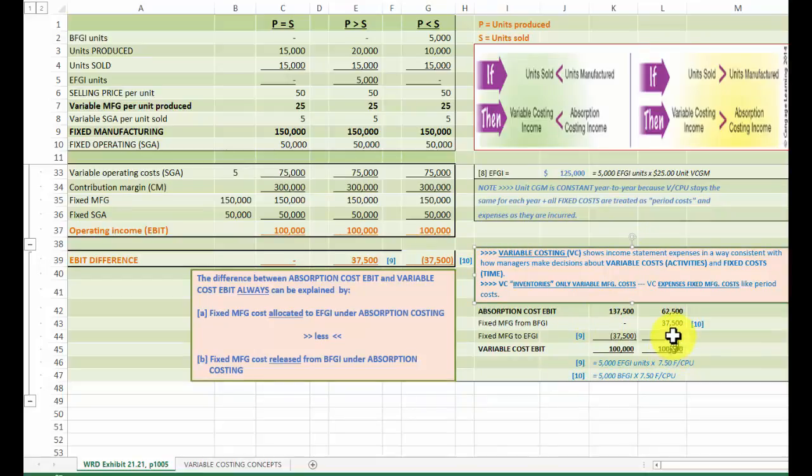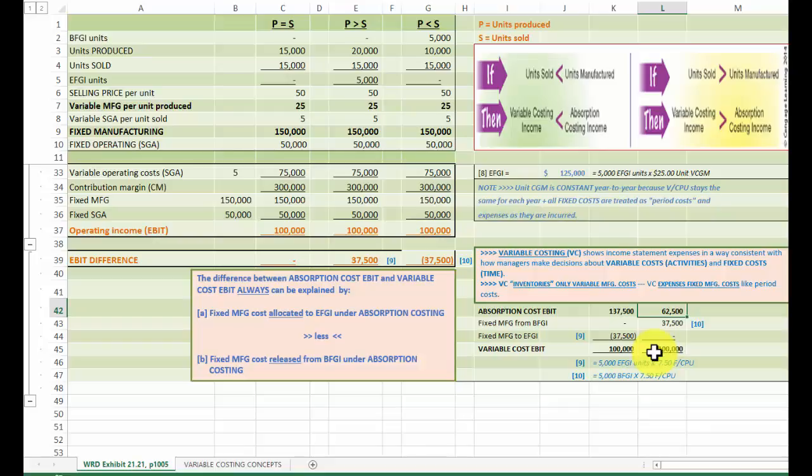For period 3, absorption costing has $62,500 of income. The fixed costs in ending inventory that would have been buried in the previous period are now released under full absorption costing. So full absorption costing understates income. We add back that excess fixed cost incurred last period, $37,500 onto $62,500, which produces the variable costing EBIT.